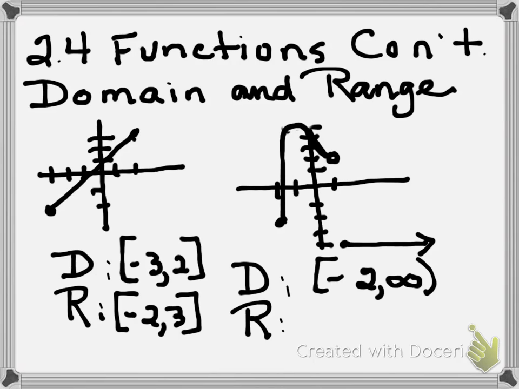The up and down value, the range: -4 is a solution, and then up to 5. But it's not continuous. -4 is a solution in and of itself, just that one value.